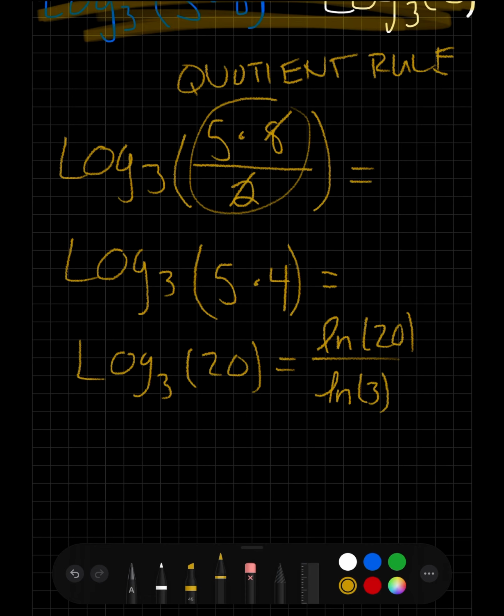Sorry guys, Desmos is fighting me. ln of 3. And then you would get approximately 2.7 as your final answer there.